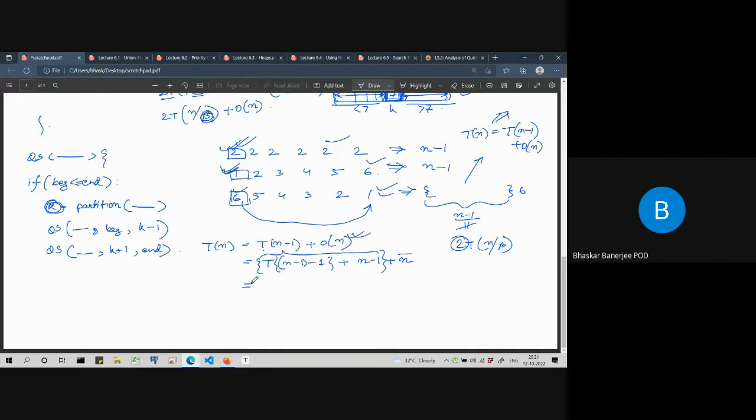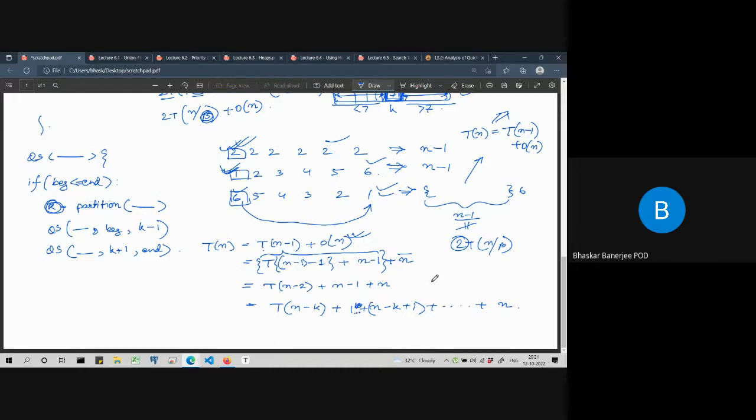After that you simply do that, so you get T(n-2) + (n-1) + n. You can see that at some time it would go to some form like T(n-k) + (n-k+1) + ... + n. And at some point it would become 1, because let me add a few more dots.